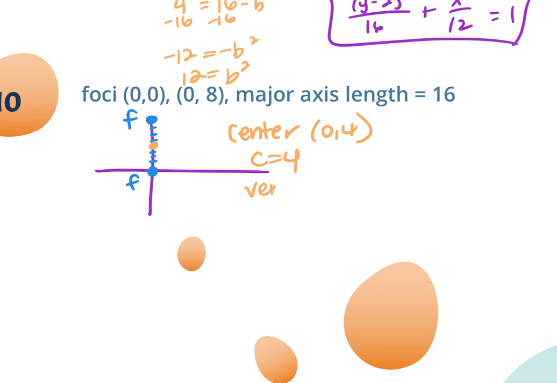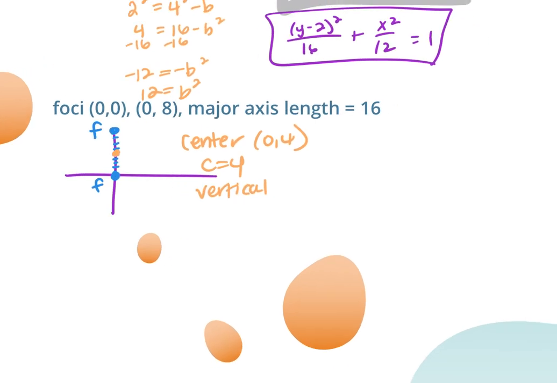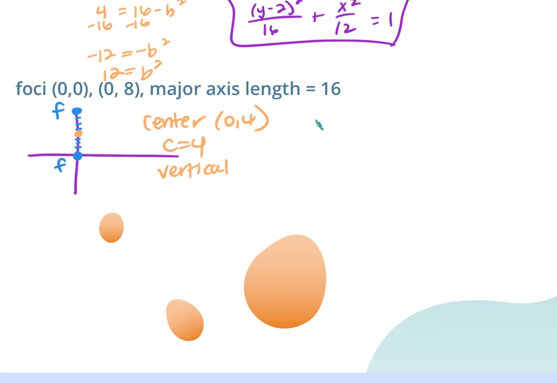Vertical. Good job. So x minus 0 again, squared, plus y minus 4 squared equals 1. That'll earn you some partial credit just there alone. And my a squared is going under the y because it's vertical.